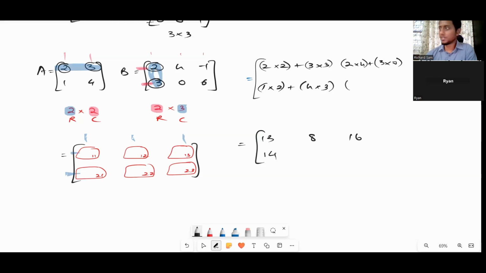So 2, 2 means second row into second column. So that's 1 into 4 plus 4 into 0. How much is that? 4. Next, tell me.